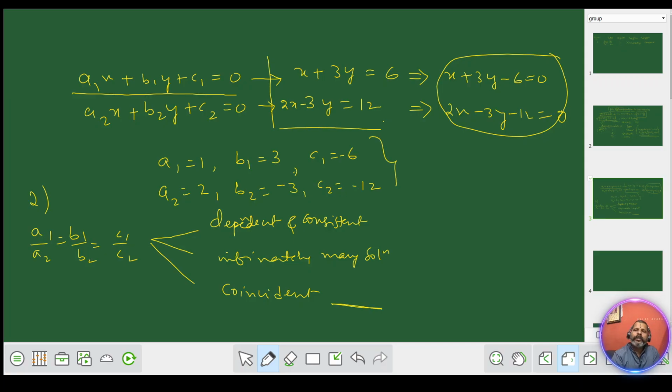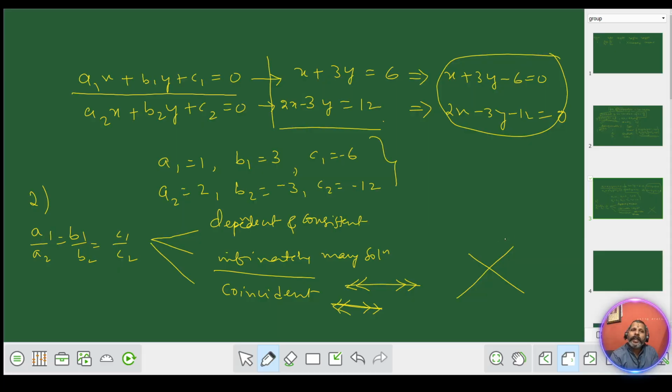How do we represent two coincident lines? We represent them by two arrows, such that one pair of arrows is one line and another pair of arrows is another line. Remember why they will have infinitely many solutions. Suppose this is a graph for some line and this is a graph for another line.